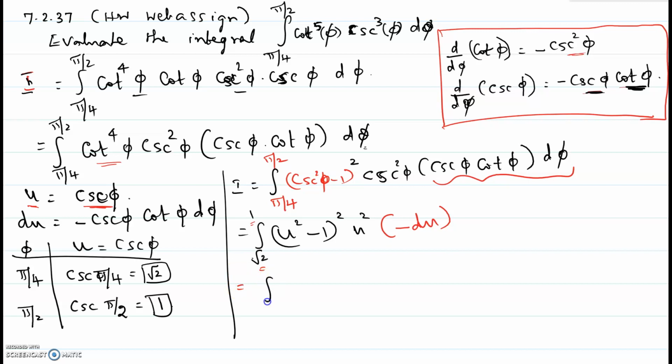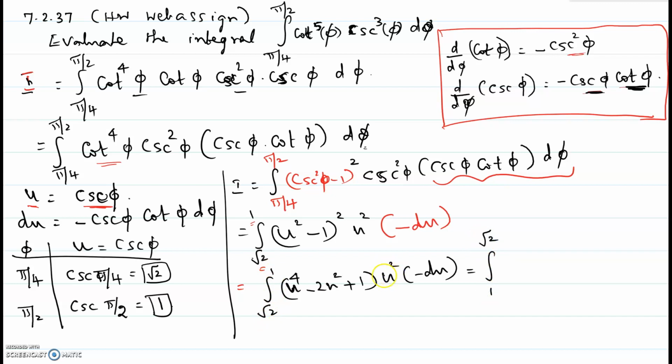So it is the integral from square root of 2 through 1. Expand this, which is u to the power 4 minus 2u square plus 1 times u square, and then you have a minus du. Because I have a minus, I can bring the minus sign out, or I can change the limits to 1 through square root of 2.